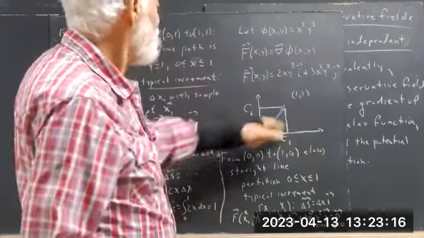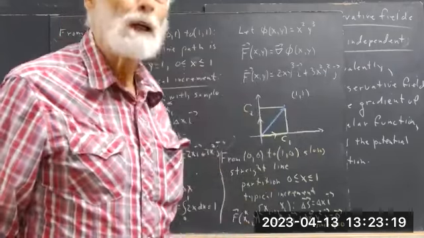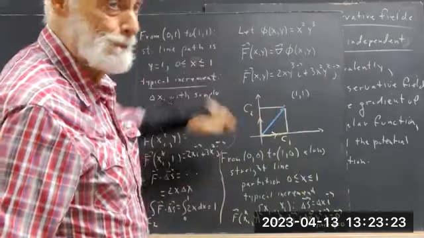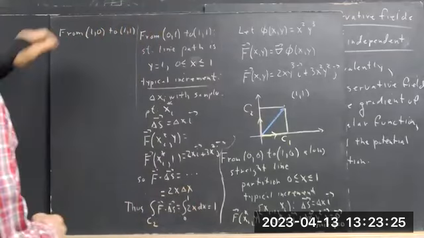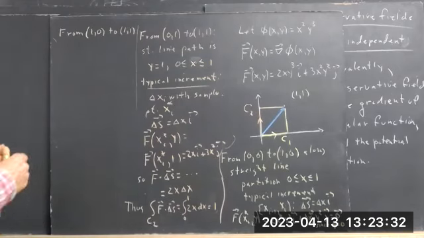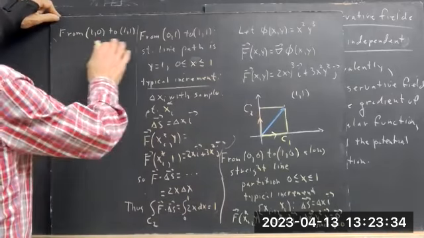Which illustrates, at least believably, that this is path independent, as it has to be because it's a gradient. That's what we're really trying to do, but we're spending too much time messing with the line. You've got to get better at that. Okay, so from 1, 0 to 1, 1.